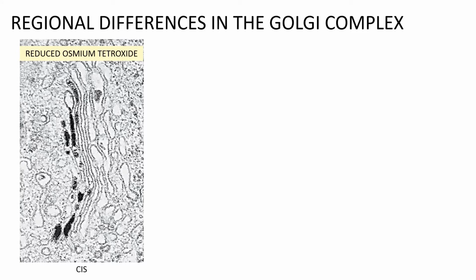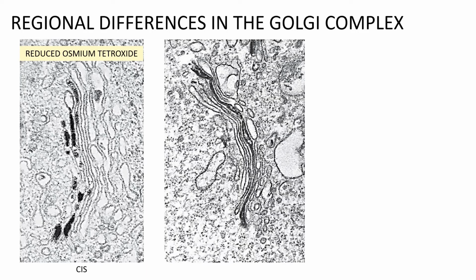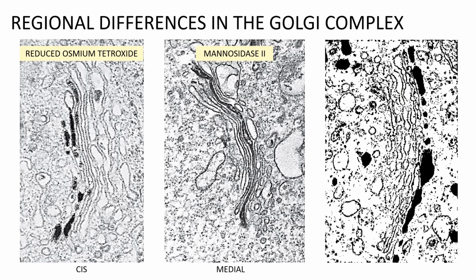When you try to stain them with chemicals, as compared to the medial and the trans, different chemicals would stain these different portions. Meaning to say that there are really differences in the chemicals and the properties that are present in these different regions of the Golgi complex.